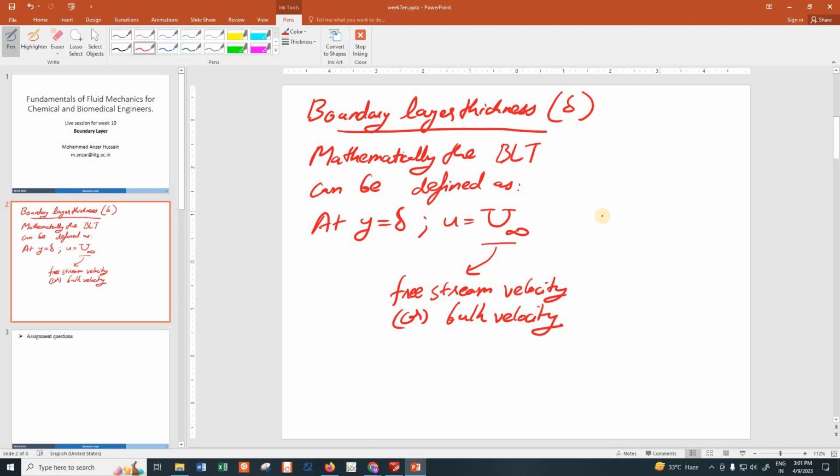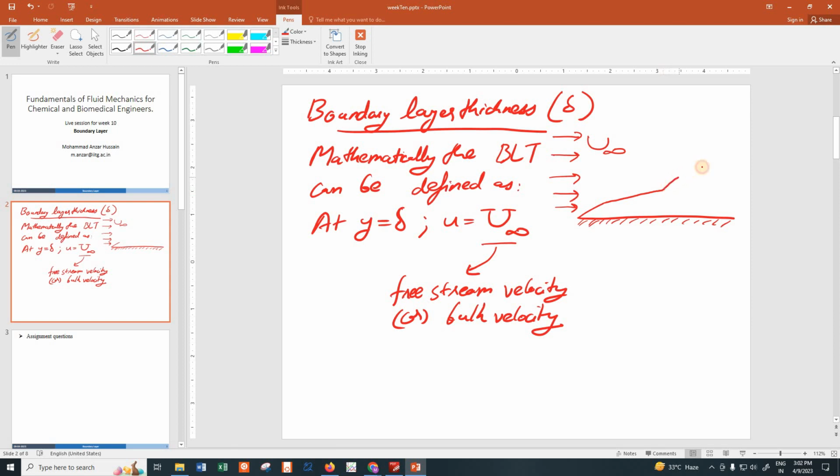Okay, so if this is my solid flat plate and this is my u infinity, the free stream velocity, then the boundary layer will start from its inception, from the start of the plate.